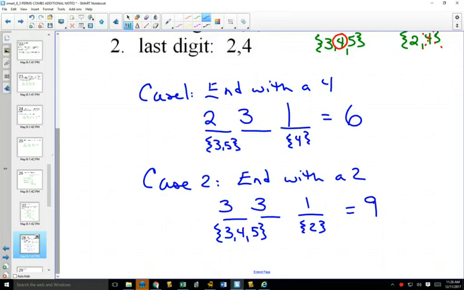Your total number, once you've counted all the cases, you can add up your cases that are separate. You notice that there's nothing that I counted in case 1 that overlaps in case 2. So when we're separating our cases, we're trying to count things separately so that in the end we can add them up to put them together.